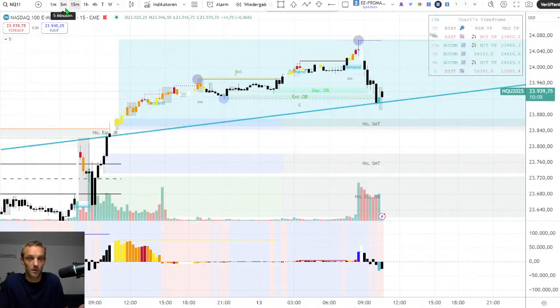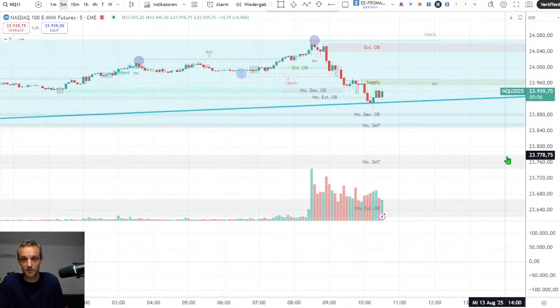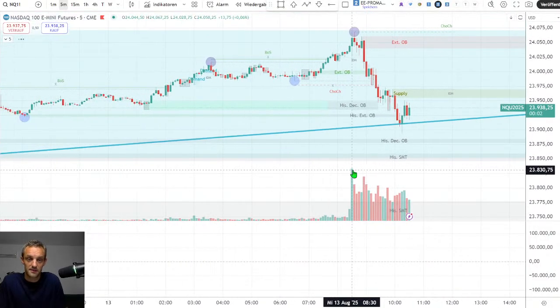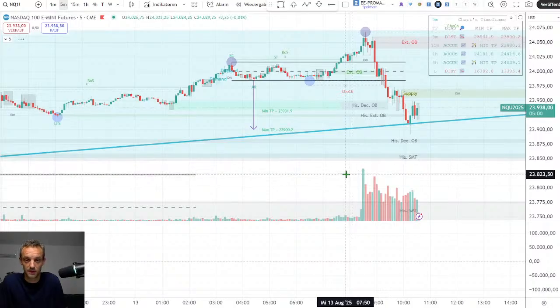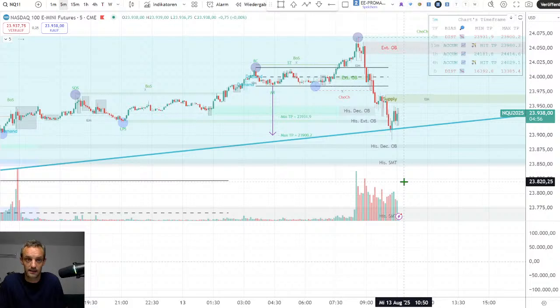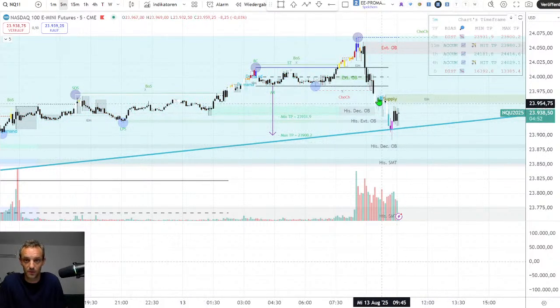So what do you see on the 5-minute chart? On the 5-minute chart, and then I show you also my trading setup for the lower time frames. What I like is that we also see the colorful candles coming here.